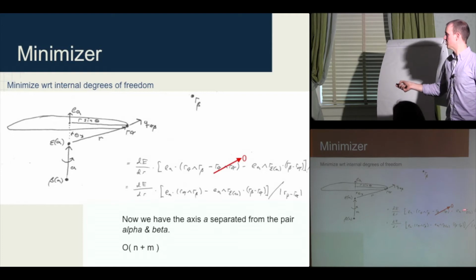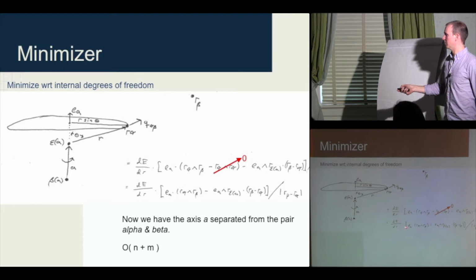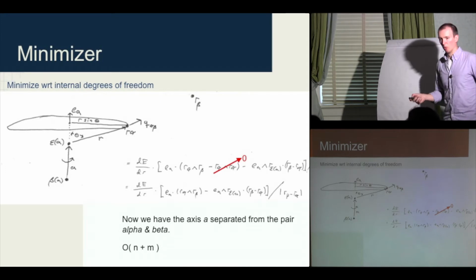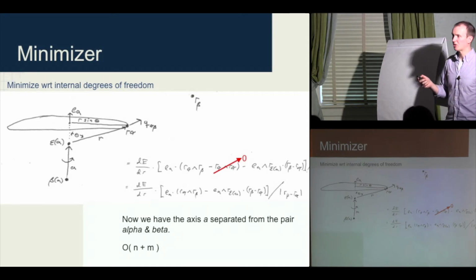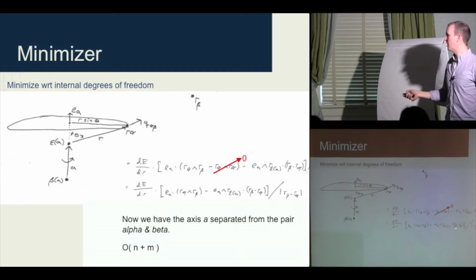And then this term was the same from the previous slide. And then finally, we're left with this statement here. So we have the dot product of EA with this cross product, and then you subtract also the cross product of EA with the dot product of these guys. And what's nice is that we've now separated out EA from the two interacting pairs. I'm sorry, so all the terms that depend on the torsion.